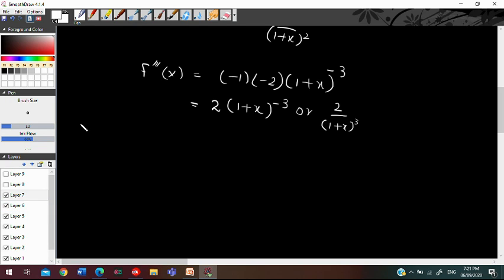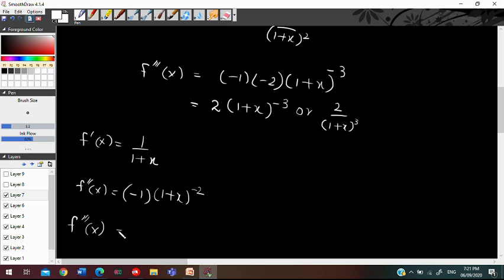The first derivative is 1 divided by 1 plus x. The second derivative is minus 1 into 1 plus x power minus 2. The third derivative is minus 1 into minus 2 into 1 plus x power minus 3.